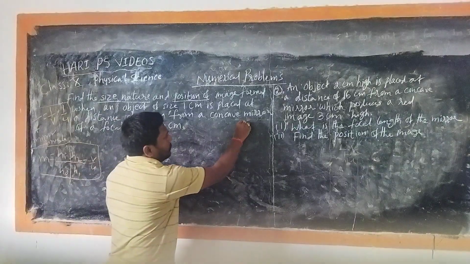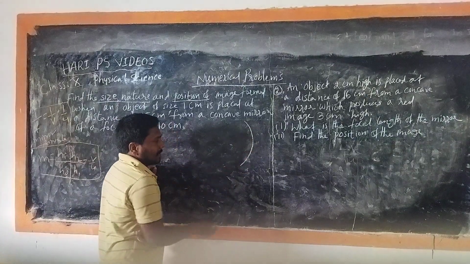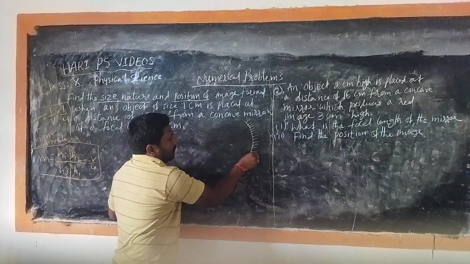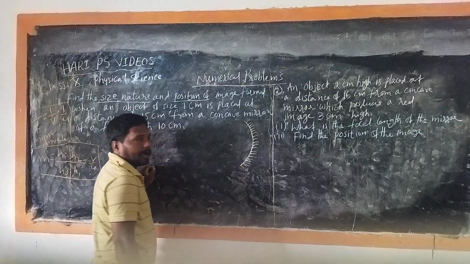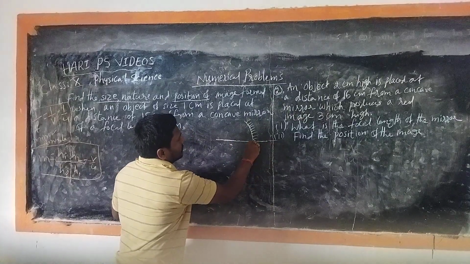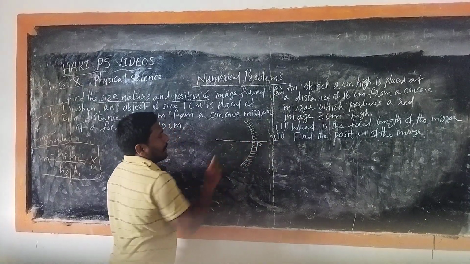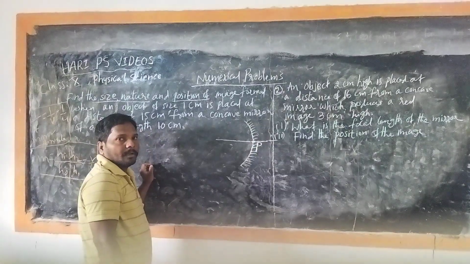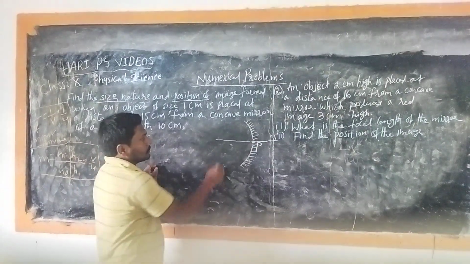So, draw a rough diagram for understanding. Concave mirror. We know this is the principal axis and the geometrical center of the concave mirror is the pole.